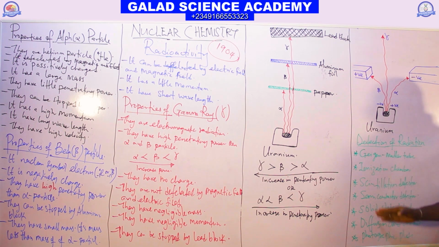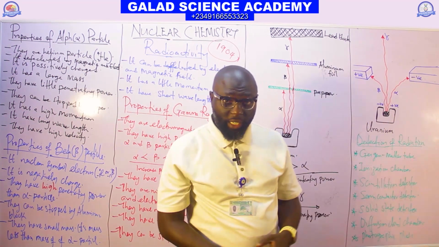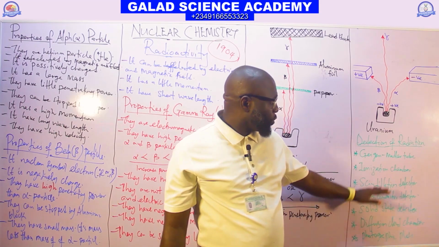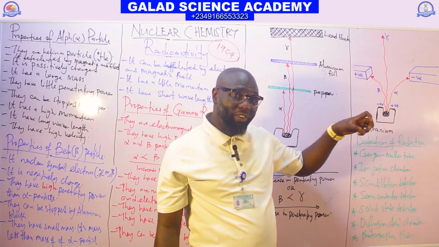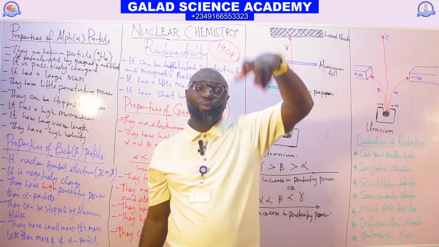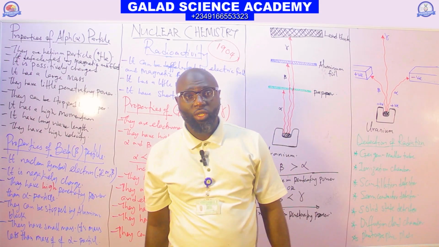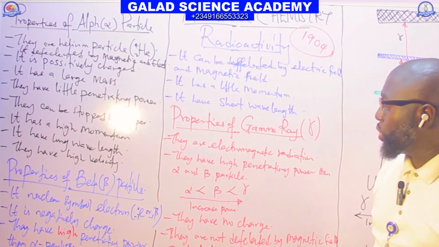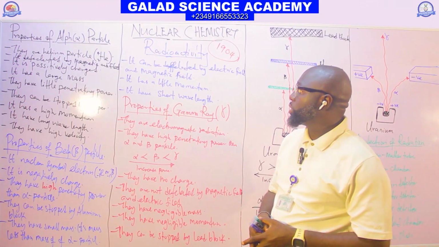And the scope of all these devices is beyond this level. So we can explain the scenario that is happening in each device, how they will tell us the presence of radioactive radiation.